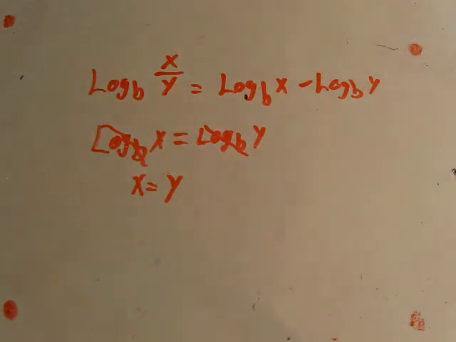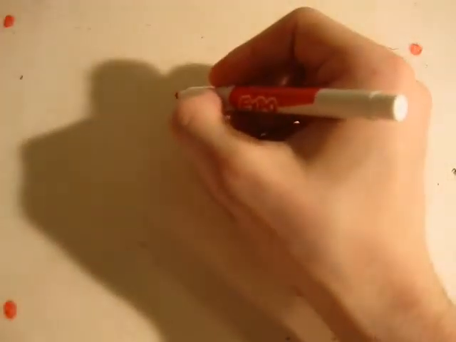Now, these will be able to be used to get simplified versions of your more complex logarithms, and this will help out in your equations. Your equations include doing something like this.